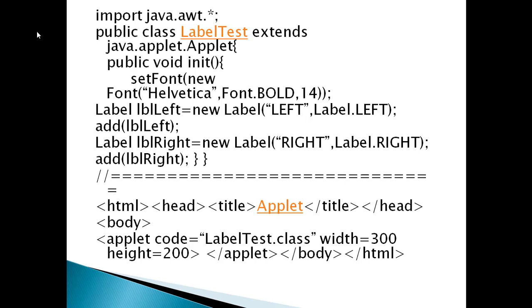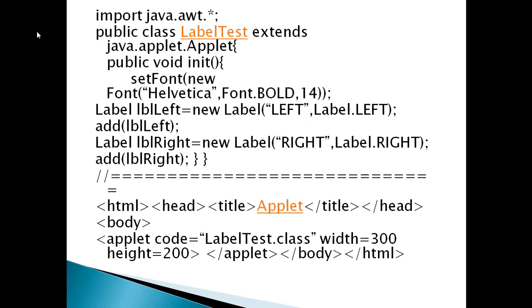We are setting a font with the setFont method, setFont(new Font(...)). Which font are we going to add? That is the instance new Font("Helvetica", Font.BOLD, 14). I am doing bold, size 14. It sets the font for these labels.